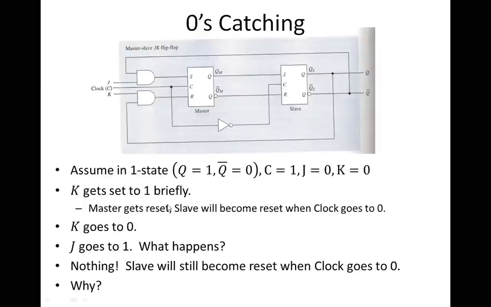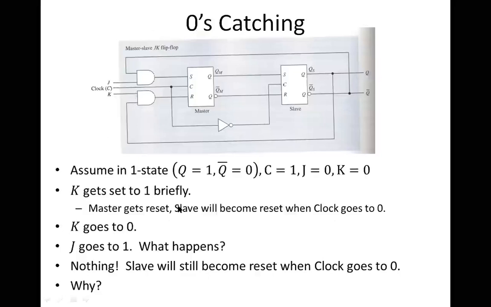Okay. So I have put up here, in the form of a diagram, a few cases. So assume one state. One state means I am getting Q is equal to 1 and Q bar is equal to 0. So when C is 1, and J is equal to 0, and K is equal to 0, what is happening for some time? K sets to 1 briefly.